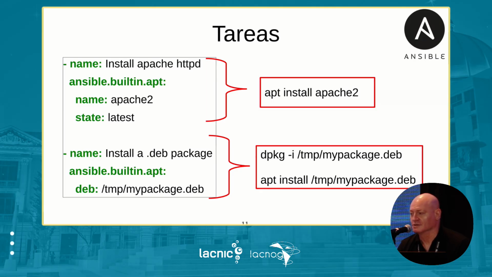And in my example, which is a very simple example, we are comparing how to execute a command in Linux and a task in Ansible. In the second example, it's installing the same but from a package. As you know, I have to download the package and install it, for example, dpkg.